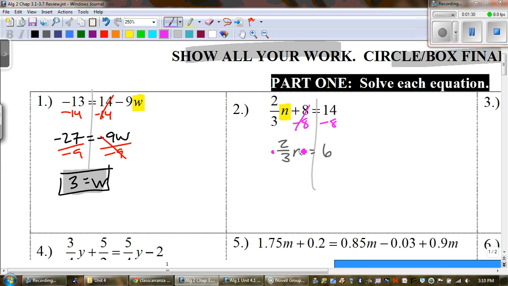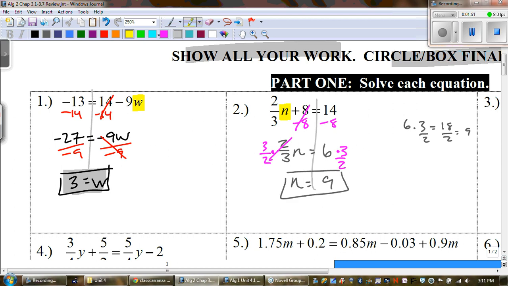Now, to get rid of a fraction, we need to multiply by the reciprocal. So that cancels. And off to the side, if you need to, do 6 times 3, which is 18, divided by 2, we get 9. So our answer, 9 equals n.